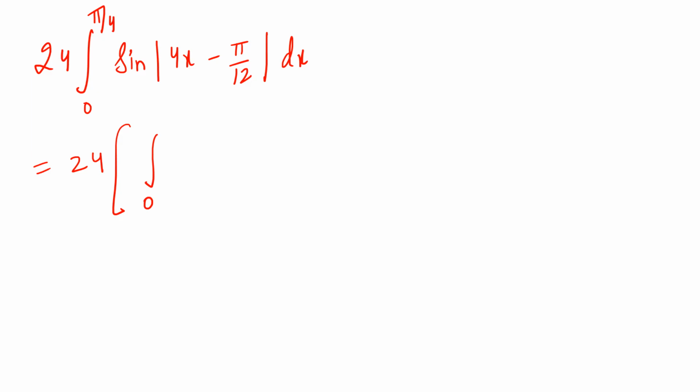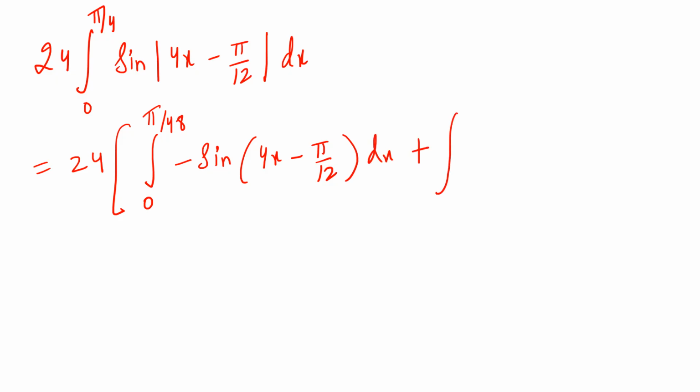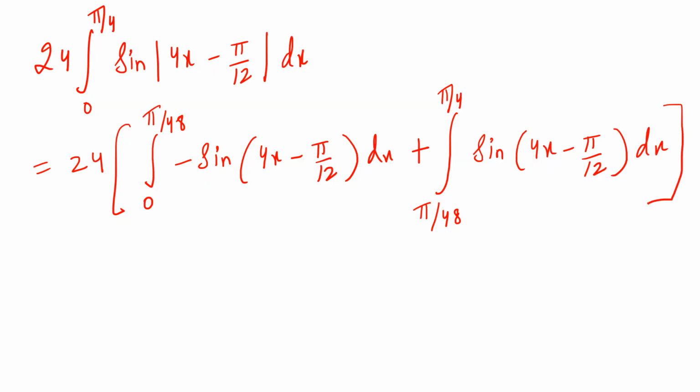Inside the bracket, we will have the first integral as the integral from 0 to pi upon 48 of minus sine of (4x minus pi upon 12) dx, plus the second integral from pi upon 48 to pi upon 4 of sine of (4x minus pi upon 12). Now students, we will find the values of both of these integrals.